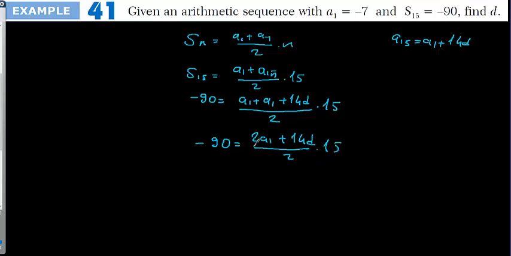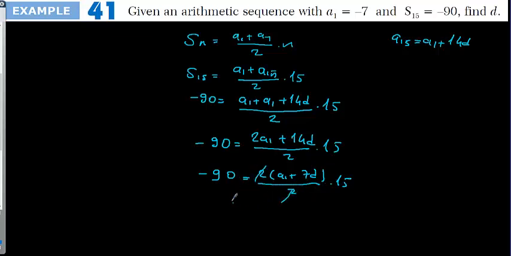As I said, these two are both divisible by 2, so I can get minus 90 is equal to (2 times (A1 plus 7D)) over 2, times 15, and you may simplify this too.